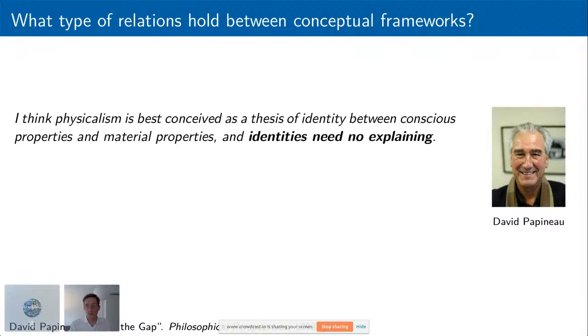If you accept physicalism, then there should be an identity between conscious cognitive states and neuronal states. It shouldn't be that neuronal states cause cognitive states, but they should be identical to cognitive states. One certain neuronal activity pattern should be identical to a certain cognitive state. And the second important point is identities need no explaining.